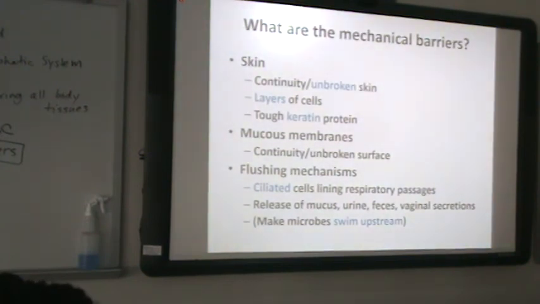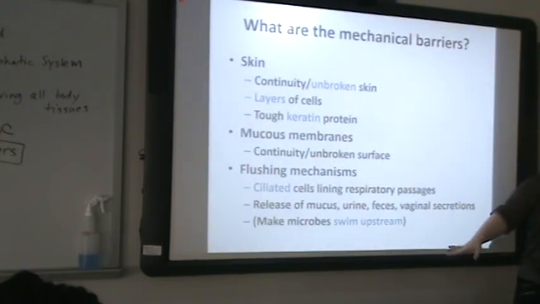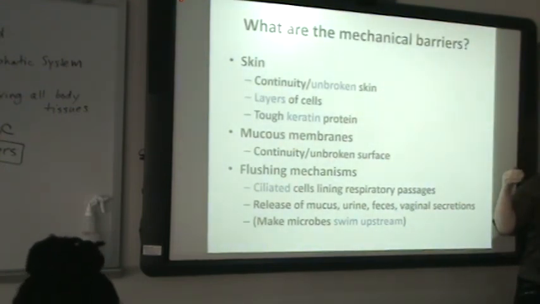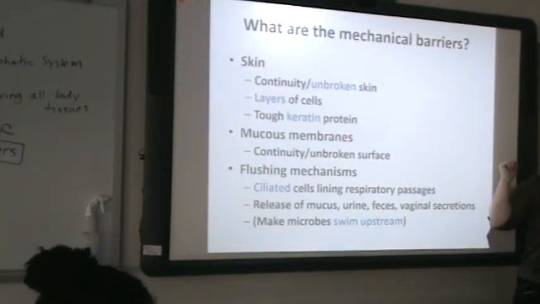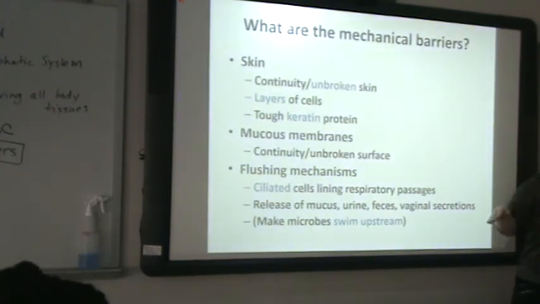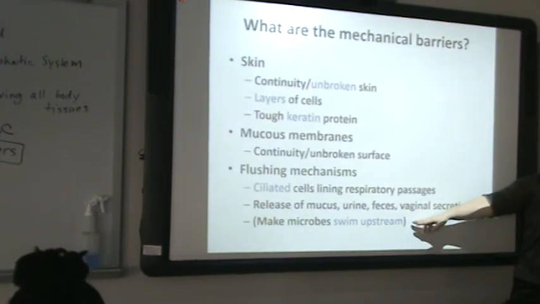What about in your nose? Nose hair, snot, mucus. A lot of the entrances to your body have hairs and flushing mechanisms. Mucus, tears, or earwax being produced is generally heading toward the exit, keeping microbes from going deeper in.